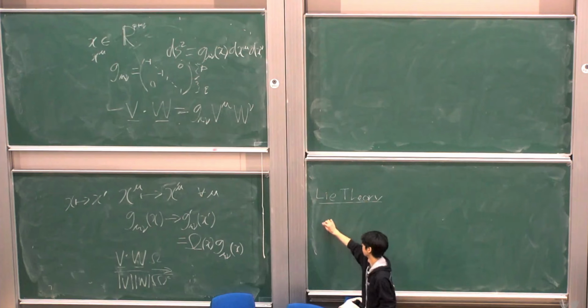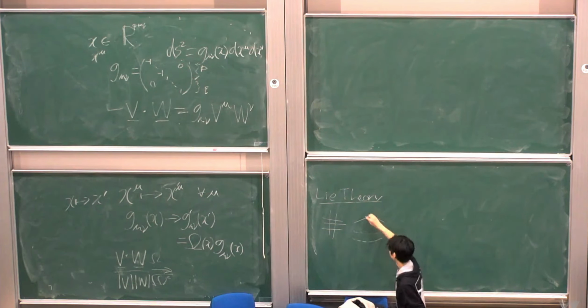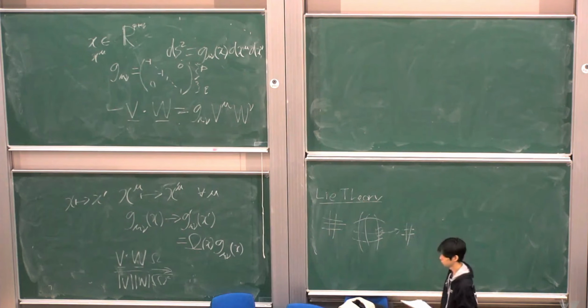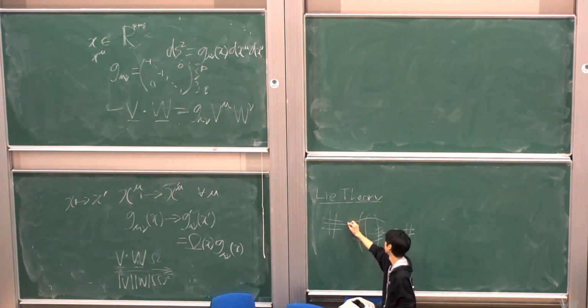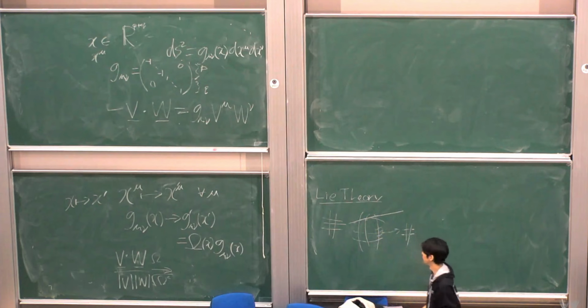Euclidean space is flat in this sense, but there could be something like this. But if you zoom in, this becomes Euclidean. That's what I mean by differentiable manifolds. So naturally, one can define the tangent space at a point on a manifold.